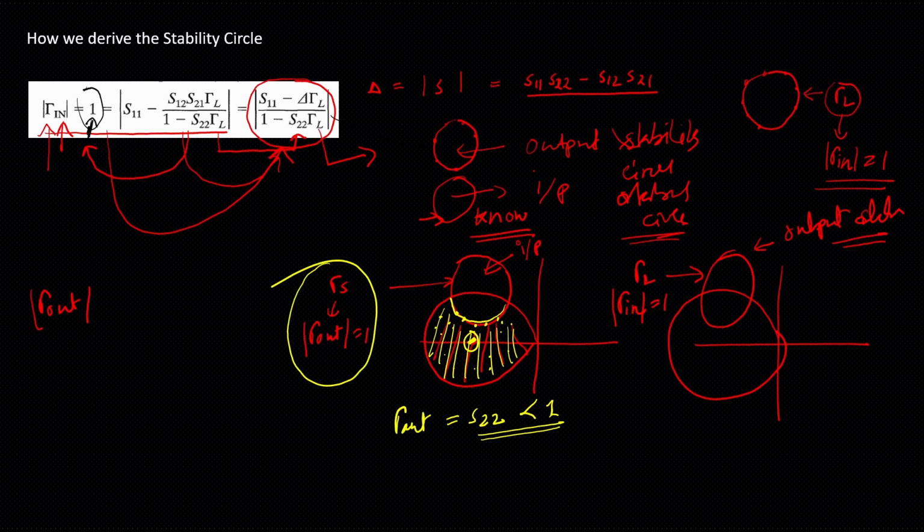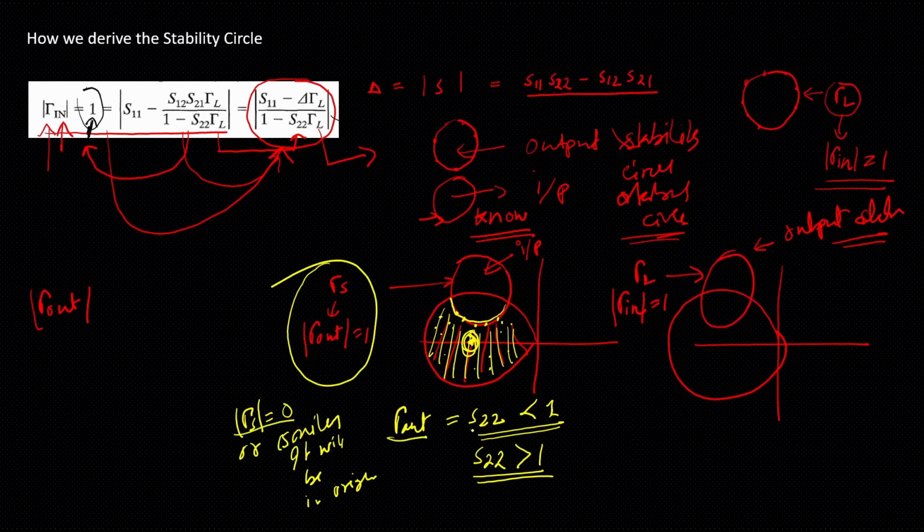Now for the other case, if my S22 in the question is given more than 1, then what is happening? If I take gamma S equal to 0, or in the Smith chart it will be at the origin, and if my gamma S equal to 0, then my gamma out will be S22, and as in the question it is given more than 1, that means my gamma out will be more than 1.